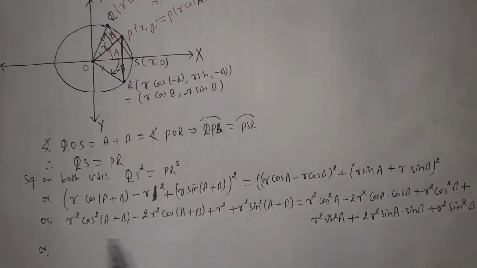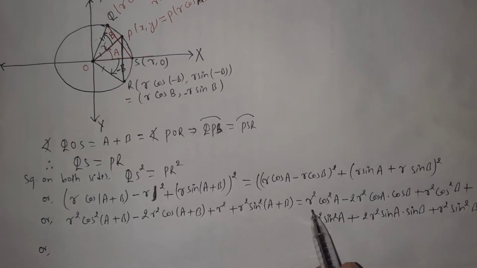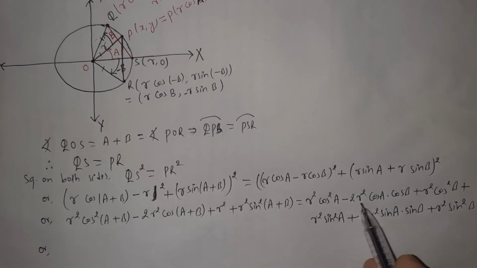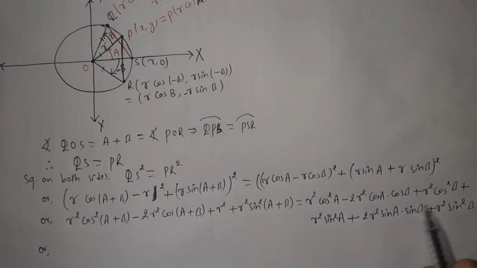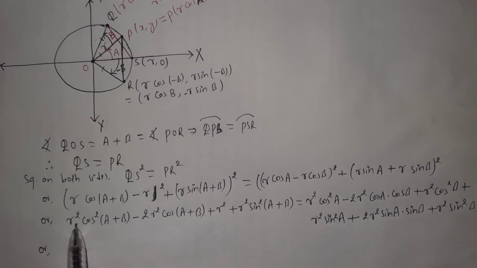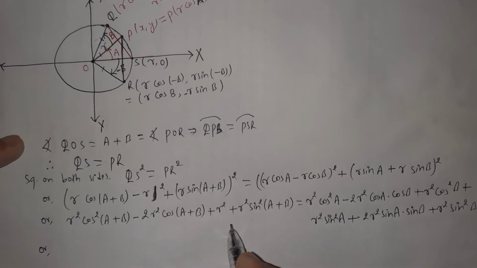Here r squared cos squared... so here the terms cancel each other or not. The cos A times r squared cos squared B, there are no such terms. Here r squared is common in each term, so we can cancel out the r squared.